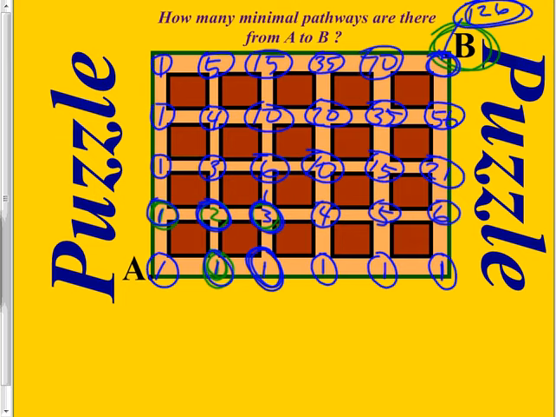So, my question is, do you see a famous triangle in this data? It's called Pascal's triangle.